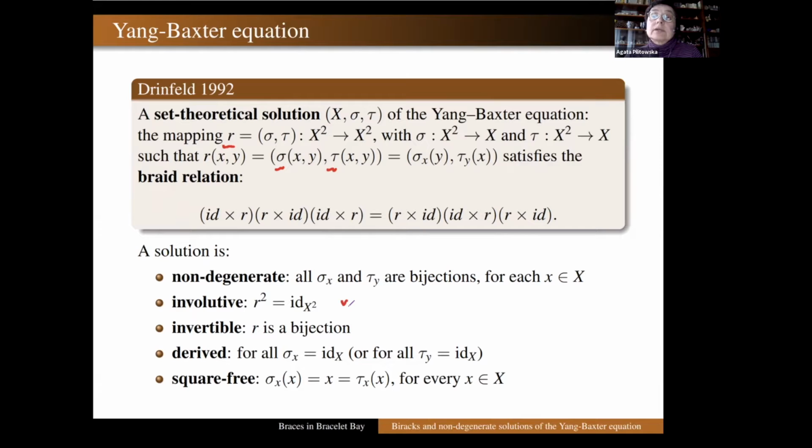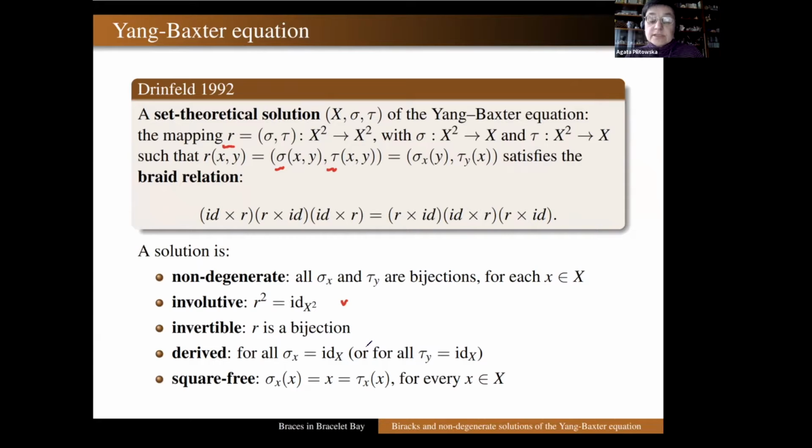It is called invertible or bijective if this mapping R is a bijection, and is called derived if all sigma mappings are equal to the identity mapping, or all tau mappings are identities.